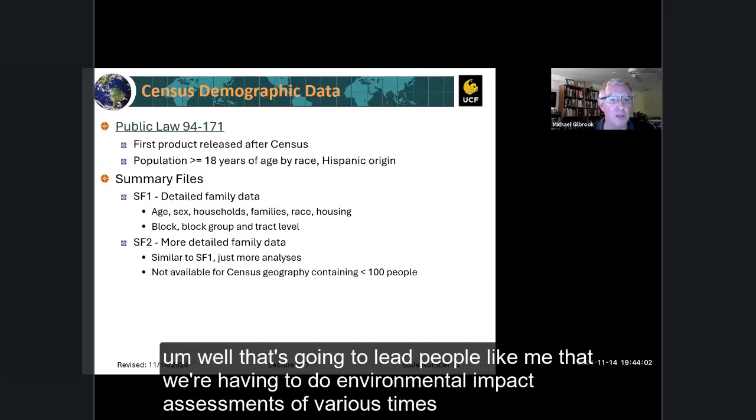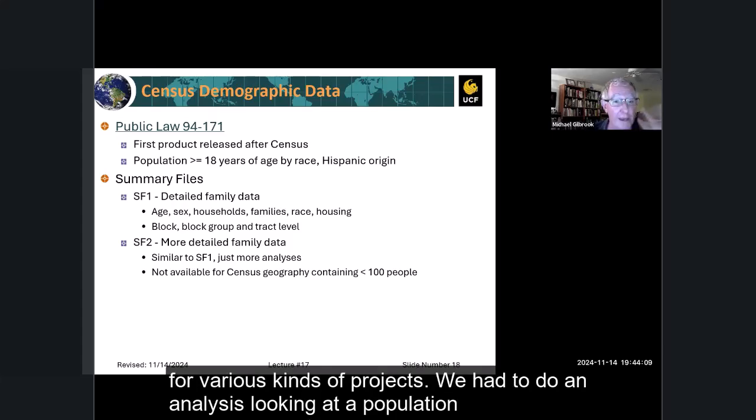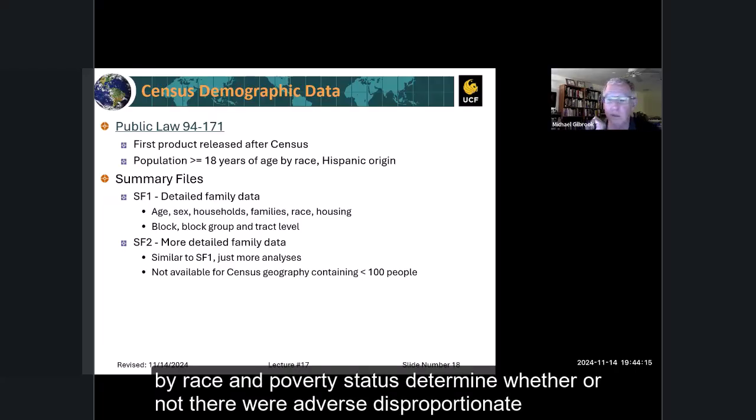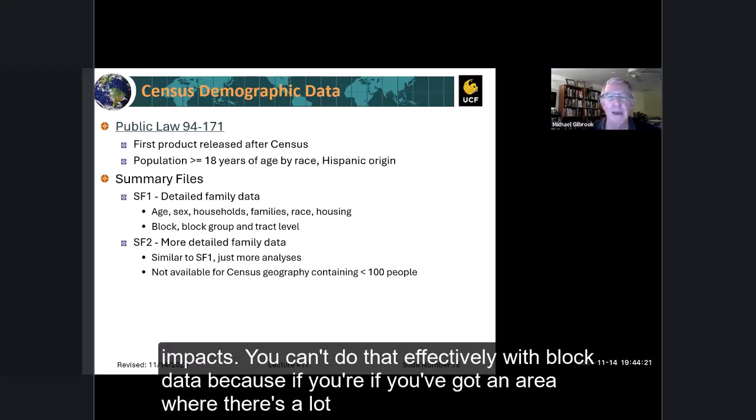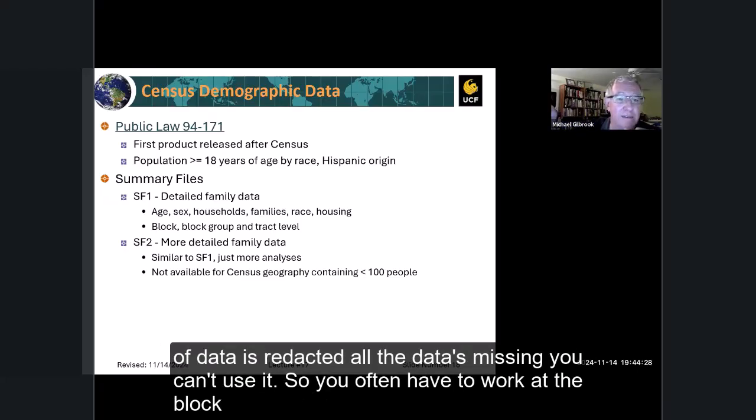Well, consequently, people like me that were having to do environmental impact assessments of various kinds for various kinds of projects, we had to do an analysis looking at population by race and poverty status to determine whether or not there were adverse disproportionate impacts. You can't do that effectively with block data because if you've got an area where there's a lot of data redacted, all the data is missing, you can't use it.